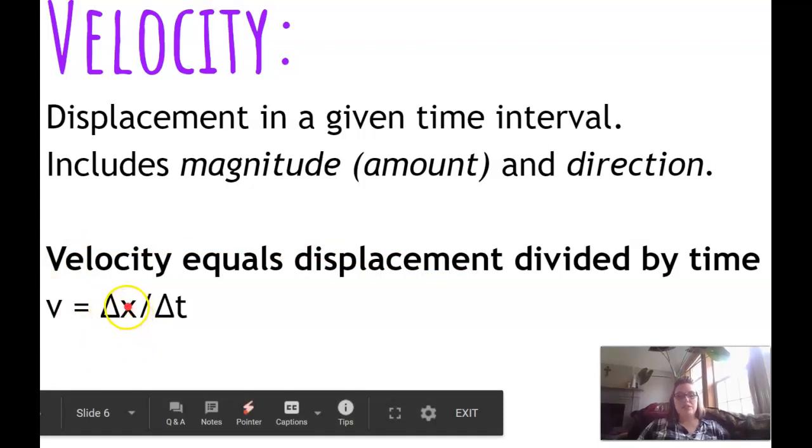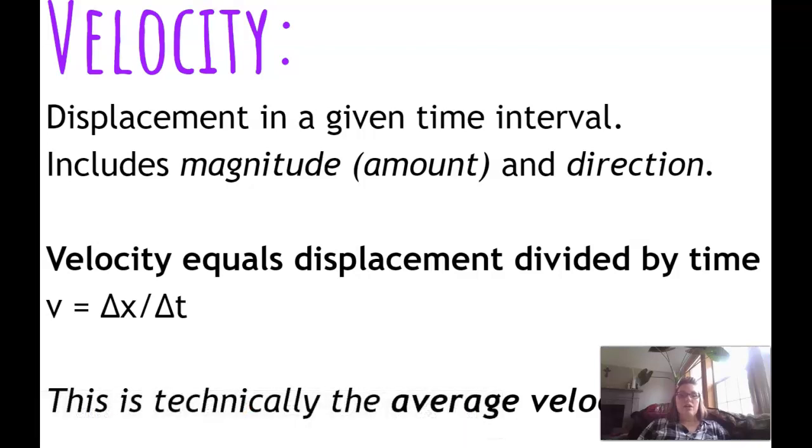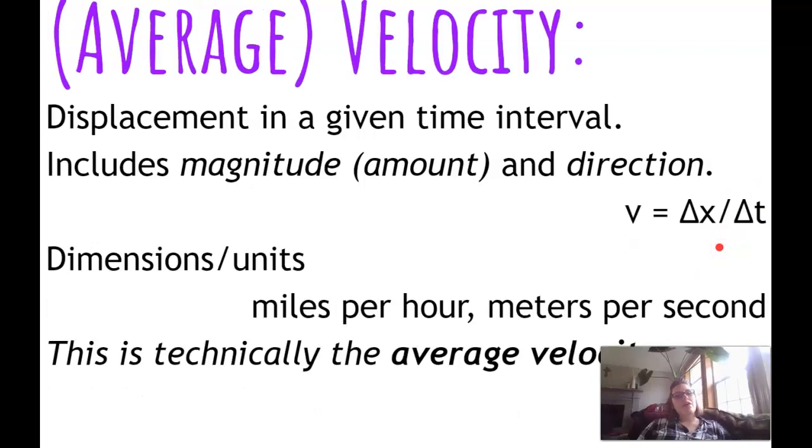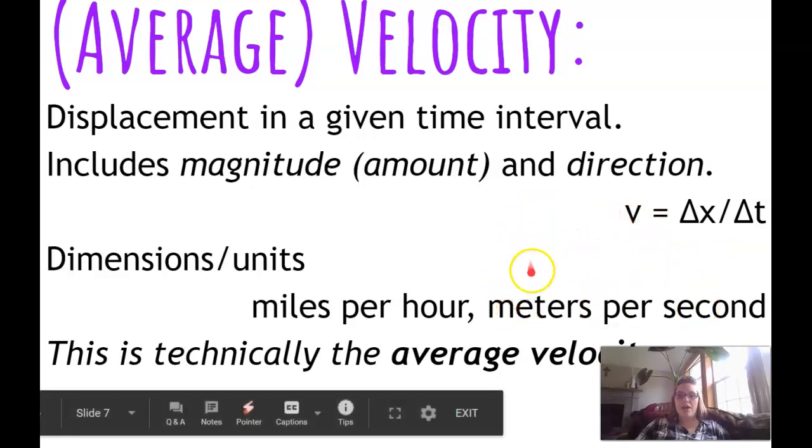It's equal to displacement, that change in position, divided by change in time. Or sometimes you'll just see a little t. So this is technically average velocity. That's not an important distinction right now for what we're doing, but I didn't want to lie to anybody. Displacement in a given time interval includes magnitude and direction, like we just said. Our units are meters per second, m/s.